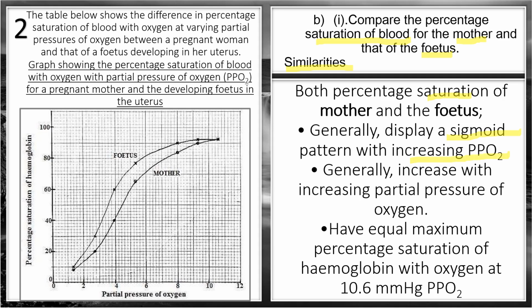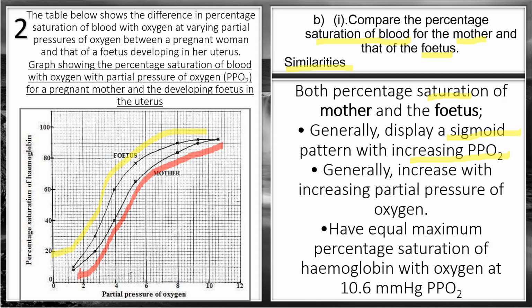So when you look at these curves, all of them are showing the sigmoid. If you look at that one of the fetus, it is showing a sigmoid pattern, and also the one for the mother is also showing a sigmoid pattern.